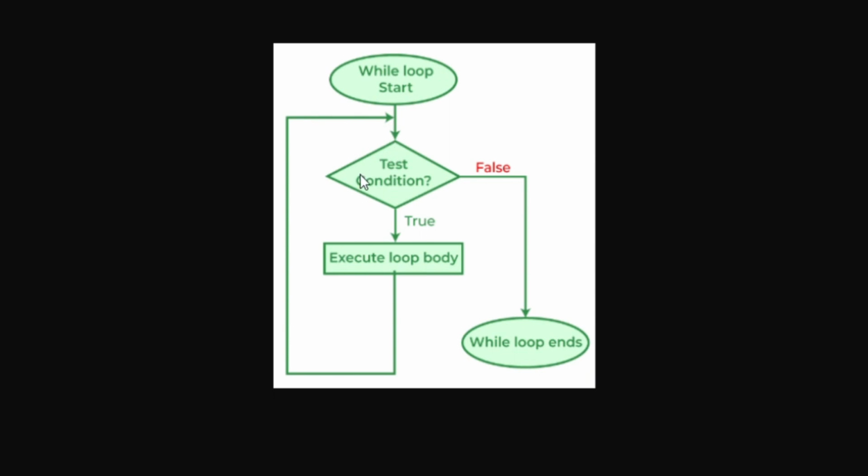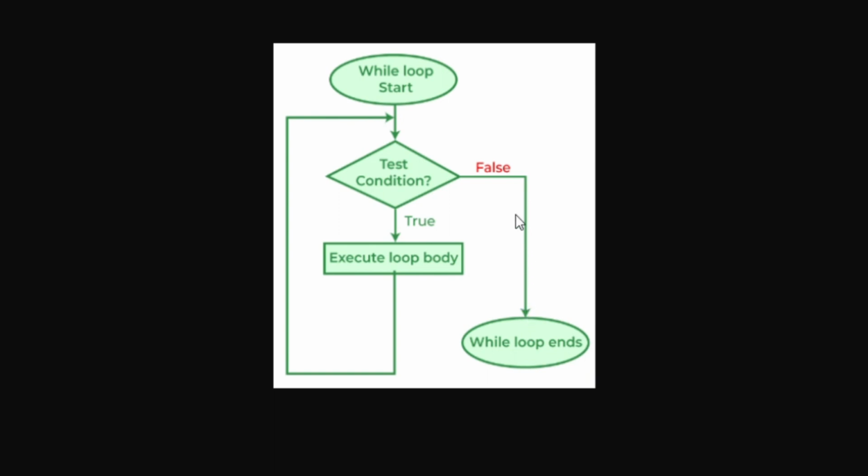It goes to the condition that we give. If it's true, it executes the loop body, the while loop's body. Then it reaches the test condition again. If it's true, it does this again. And if it's not true, it goes to false and the while loop ends.